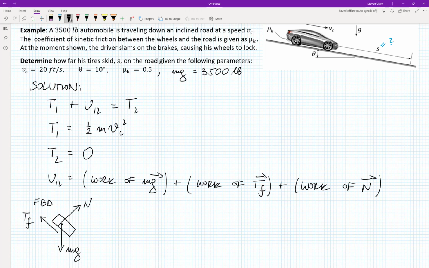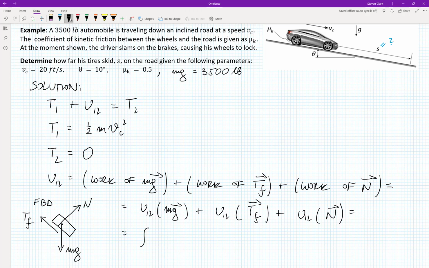Okay, but let's put it in more mathematical way. So this will be u12 of mg plus u12 of friction plus u12 of normal force. However, let's put it in even more mathematical way. Why not? Let's put it in that integral form, okay?